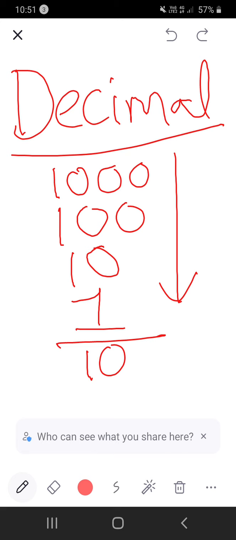Children, when we divide a 1 or a number at the ones place, it may be 1, but it is not necessary that it should be 1. It may be 5, it may be 6, 7, whatever. But when it is divided by 10, then children, we get a smaller number, and that number is called the decimal digits.